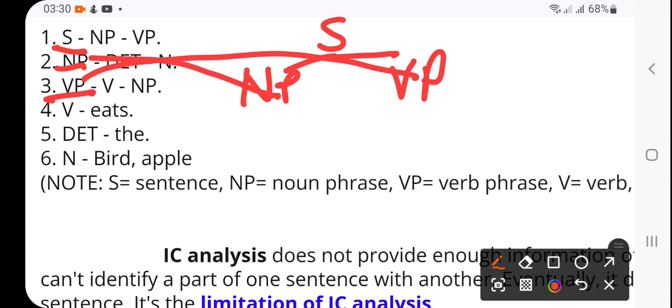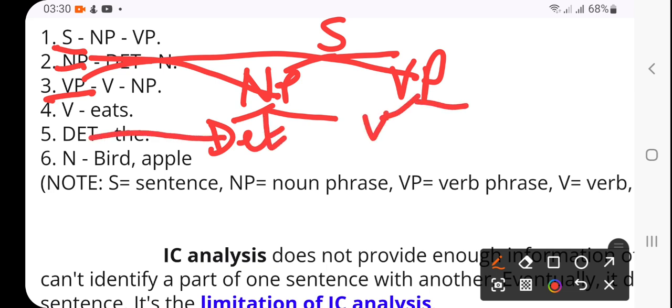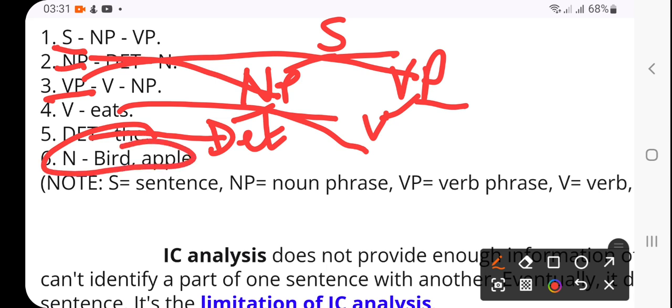Now here a noun phrase is generally made with the determiner, so that will be the det, and verb phrase, verb, that is verb in this sentence, right? And two nouns are there, that is bird and apple, right?